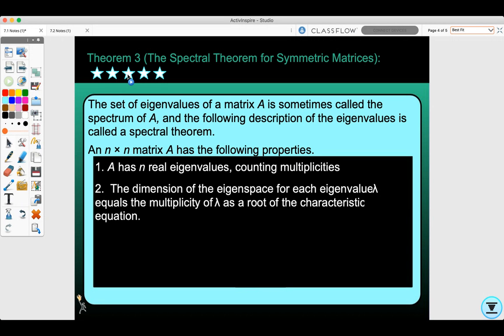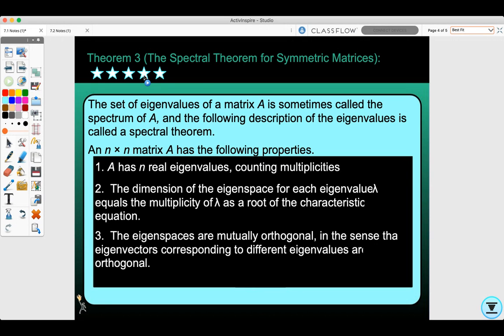The dimension of the eigenspace for each eigenvalue lambda equals the multiplicity of lambda as a root of the characteristic equation, and this was shown in example 1. 3. The eigenspaces are mutually orthogonal in the sense that eigenvectors corresponding to different eigenvalues are orthogonal. And 4. A is orthogonally diagonalizable.